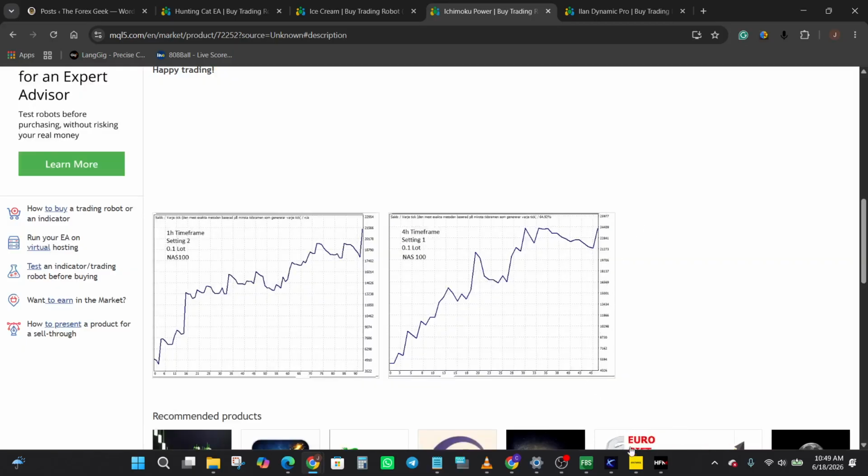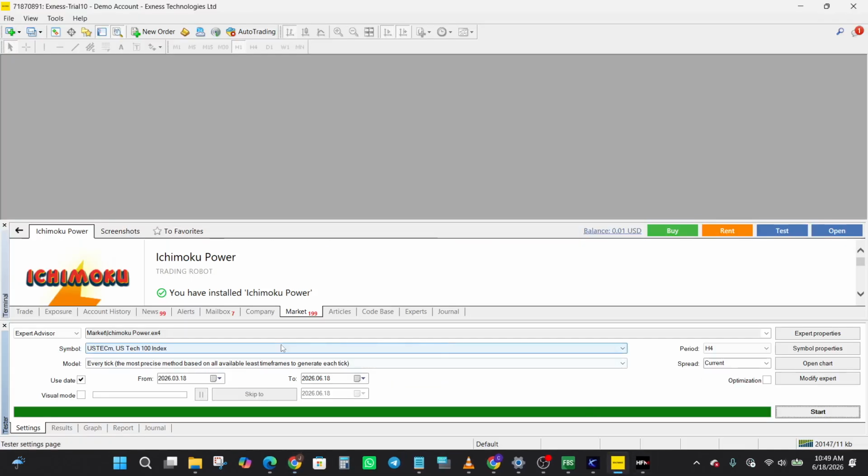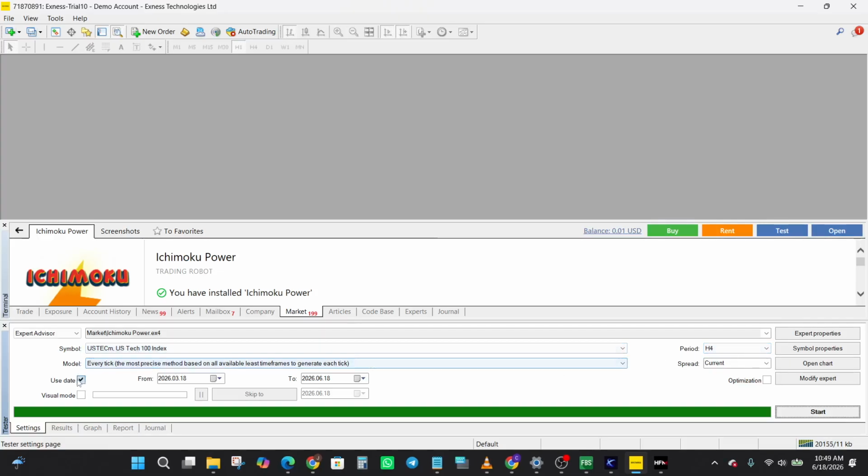Let's head over to our strategy tester now. So I tested the Ichimoku Power on US Tech 100, which is also NAS 100, on the 4-hour time frame. I'm using the every tick modeling, and we are testing over the past 3 months. All right.